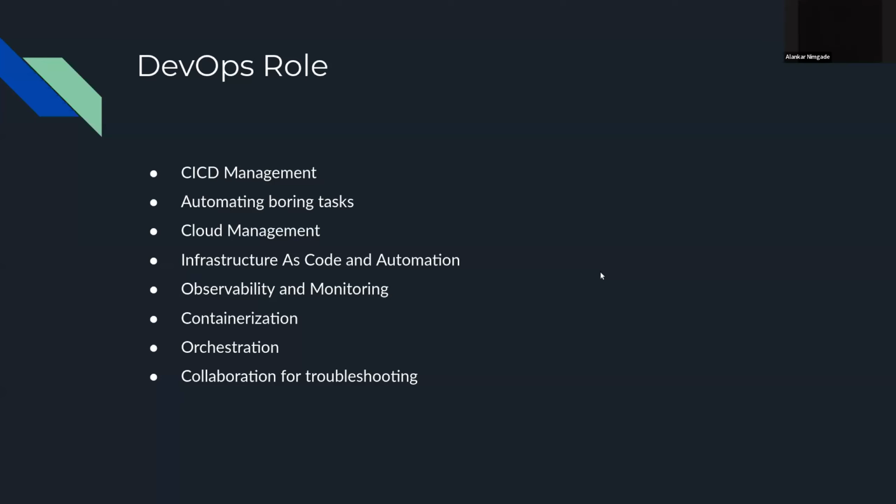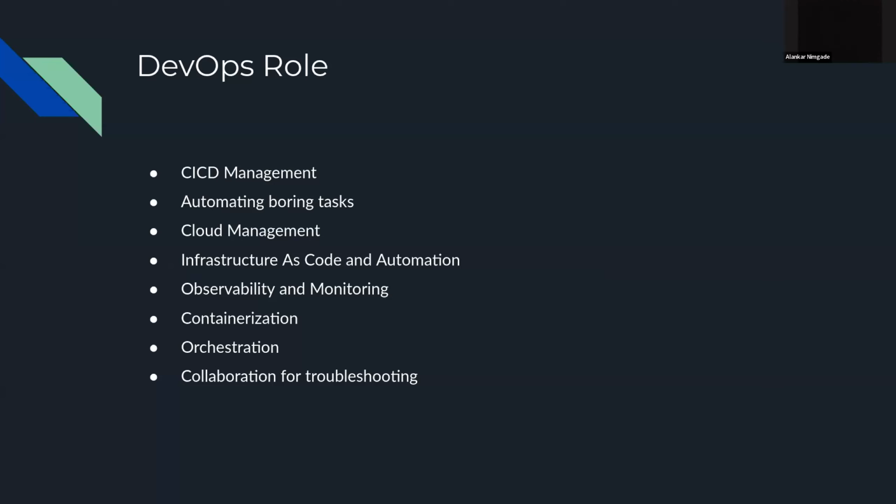These are mostly the roles and responsibilities of a DevOps engineer. The very first and simplest is CI/CD management. You have to automate all the stuff, so there should not be any manual intervention at any point.